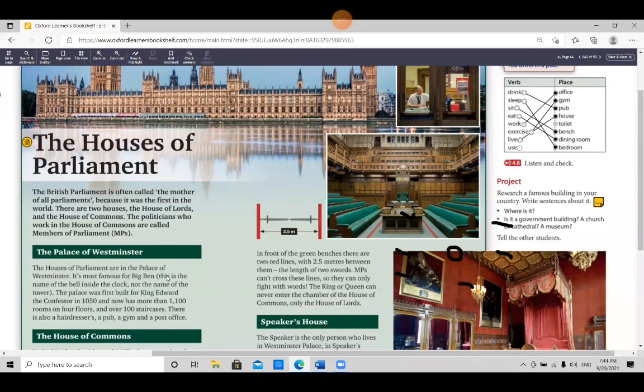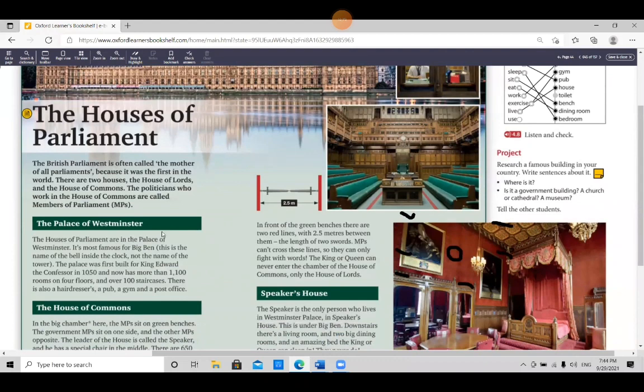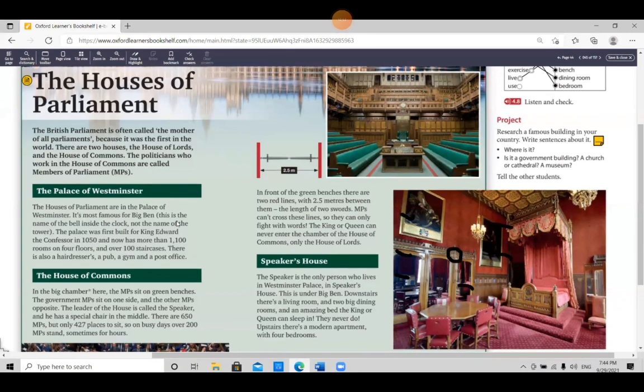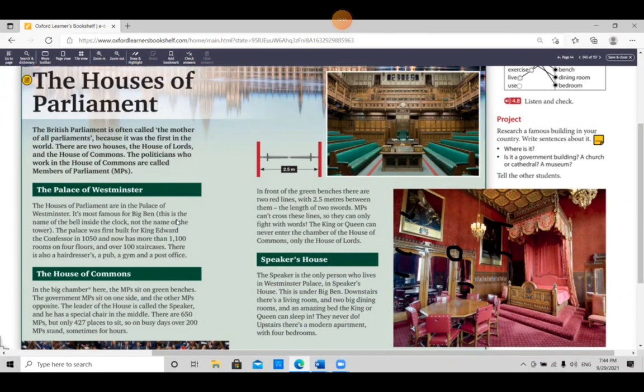The Palace of Westminster. The Houses of Parliament are in the Palace of Westminster. It's most famous for Big Ben. This is the name of the bell inside the clock, not the name of the tower.